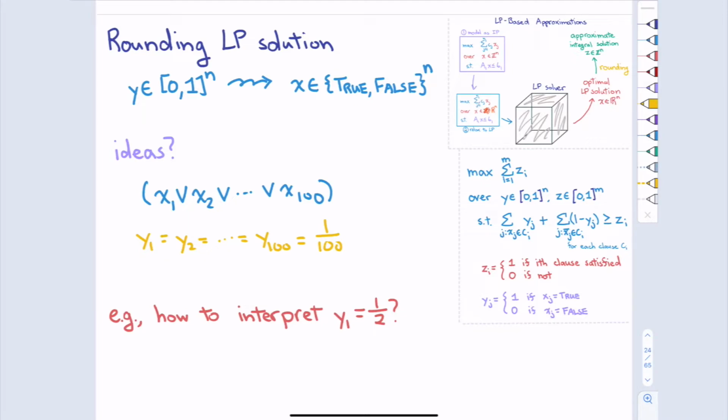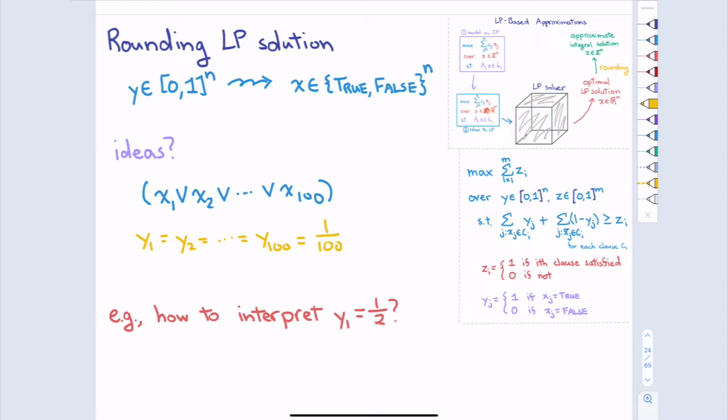While that makes sense, this is always the first suggestion. It seems a little tricky. Another thing: let me do the annoying teaching thing. Let's say the LP tells you to set y1 to be 1/2. How do we interpret that? At some level it's saying it should be half true and half false, which makes no sense.